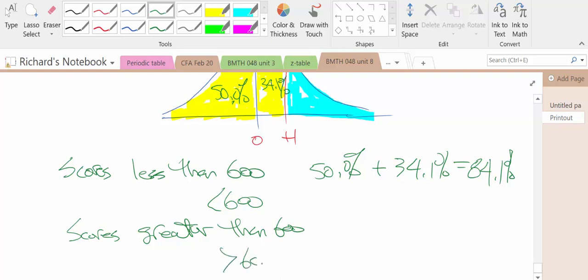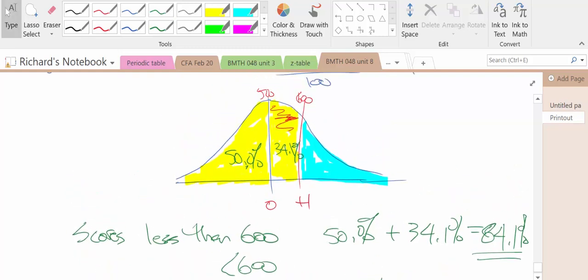That's going to be 100% minus 84.1%. 84.1% of the scores are below one standard deviation above the mean.